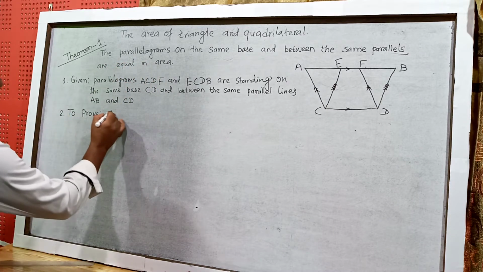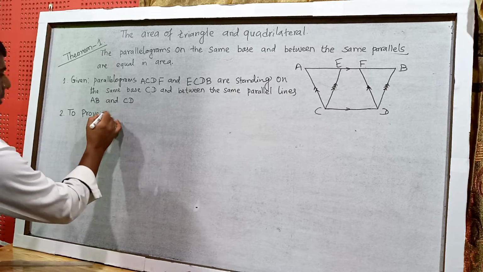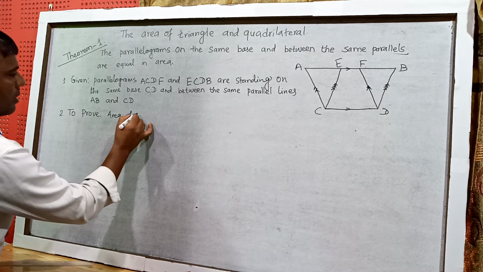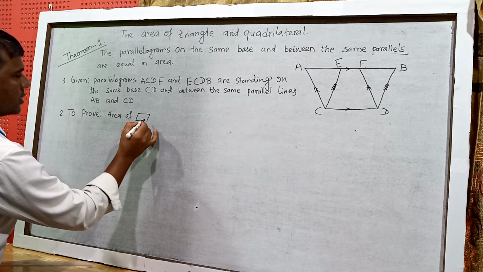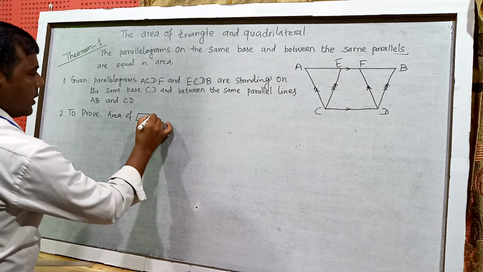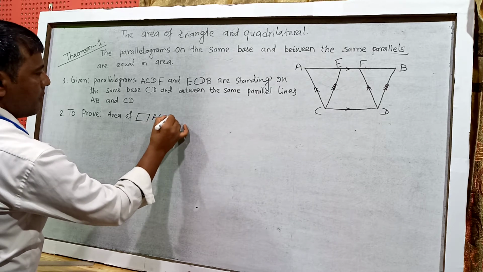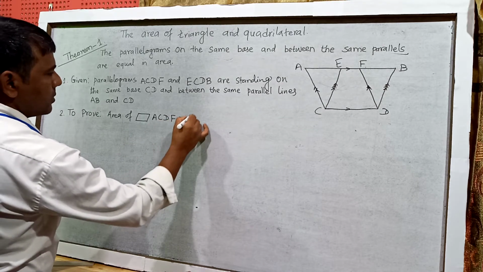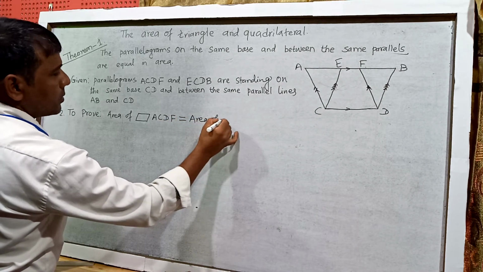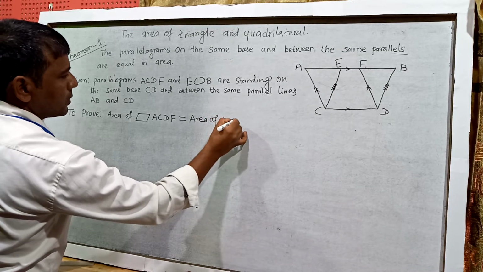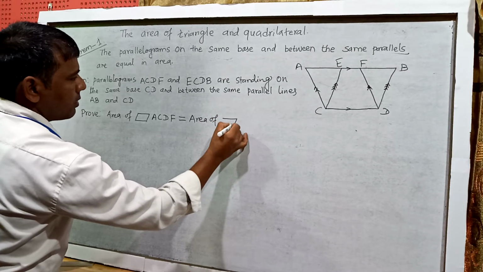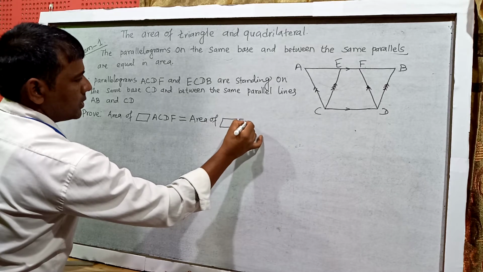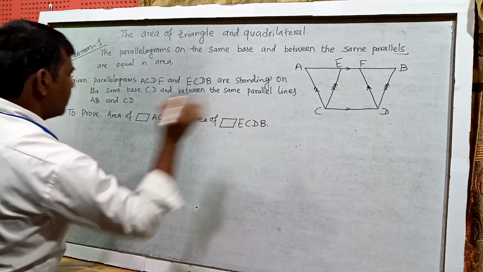So to prove: the area of parallelogram ACDF equals the area of parallelogram ECDB.